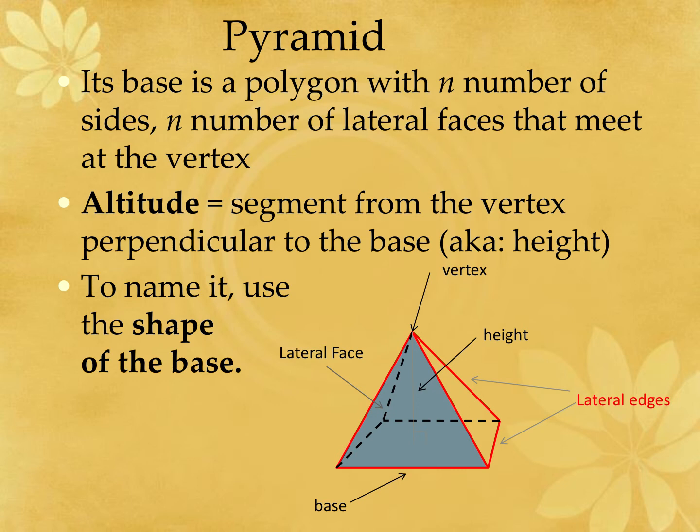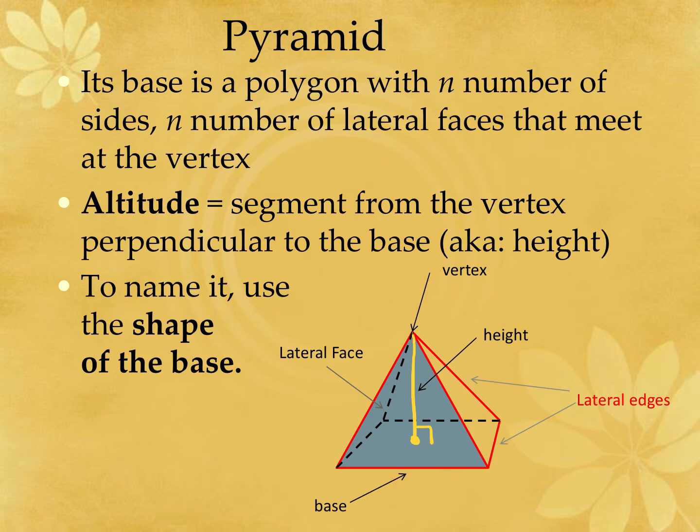At the top, or the point of that pyramid, is where the vertex is located. The altitude, or the height of our pyramid, goes from the vertex down to the base. It would stop right here in the middle. And usually you're going to see a little right angle mark indicating that that is the height.